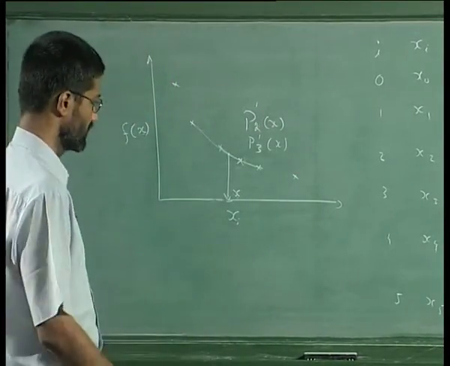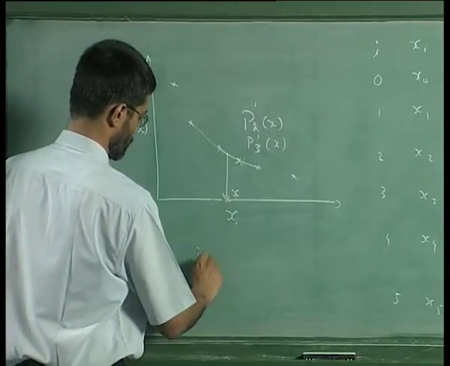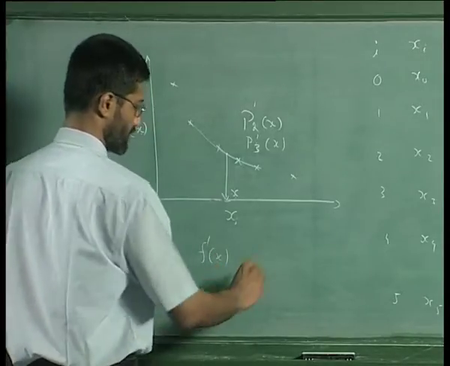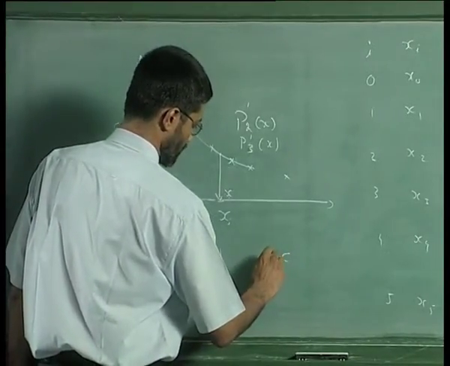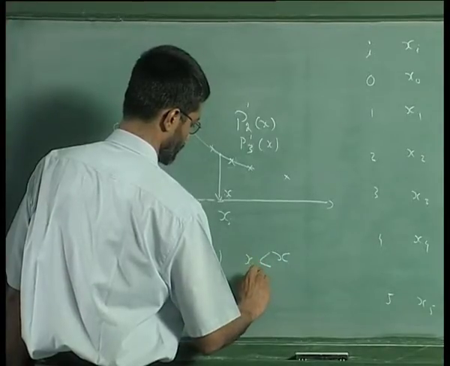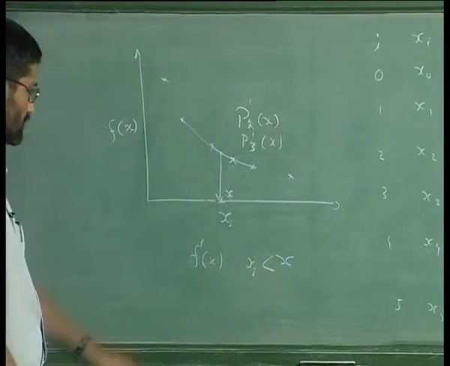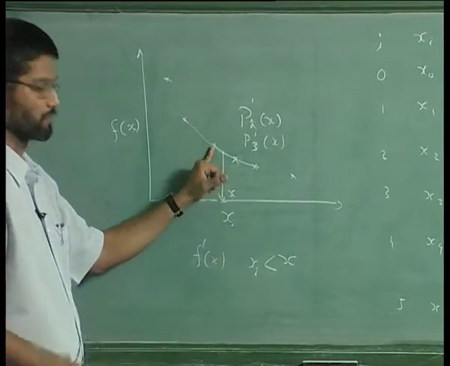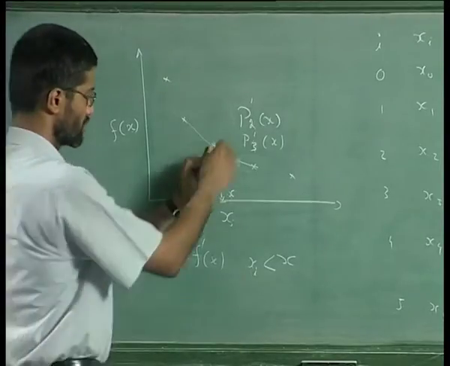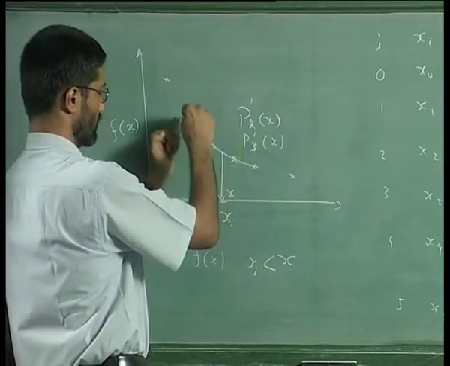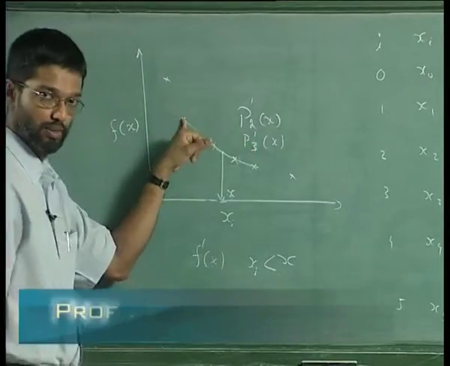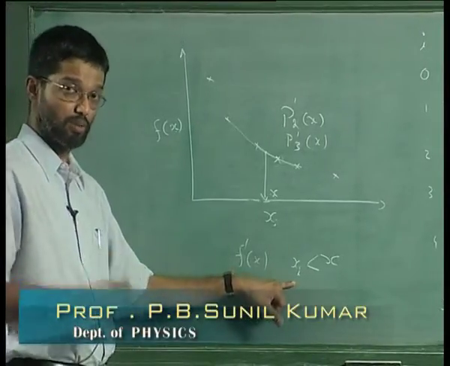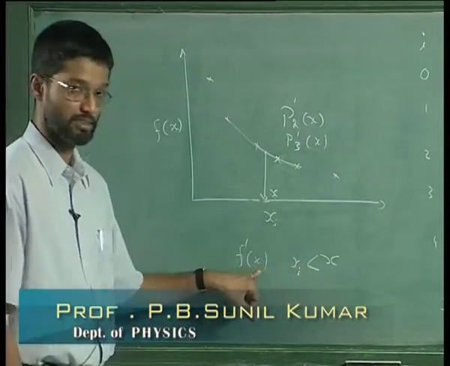What I mean by that is, if I want to get the derivative of the function at some value x, where x is, let's say, larger than some xi, then I could actually enter the difference table at that point xi, and construct a polynomial this way, or around that, or maybe I could enter here and construct a polynomial that way. So I could enter the difference table in principle anywhere which contains this point x.